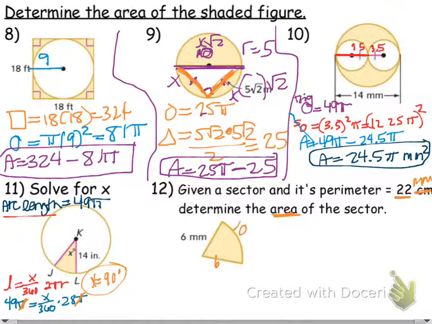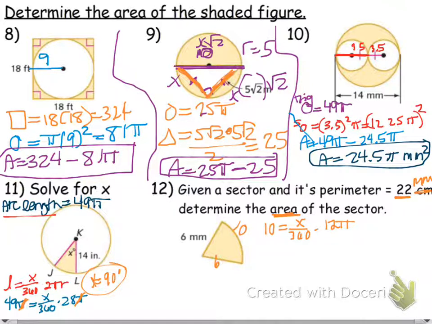So I'm going to say arc length, which is 10, equals x over 360 times 2 pi r, and r here is 6, so times 12 pi. Again, I'm using that formula because that's what we know is the arc length.